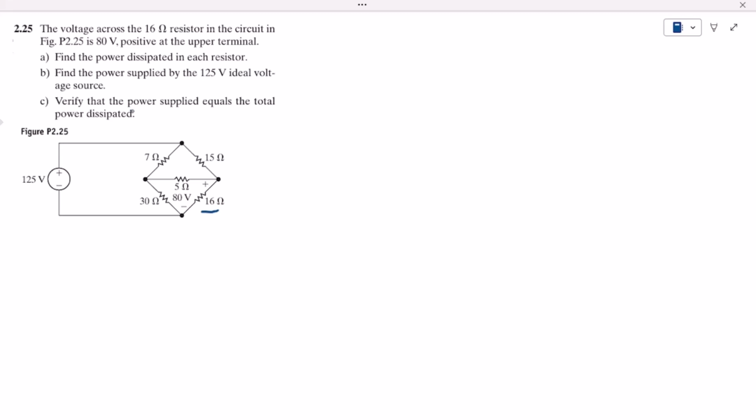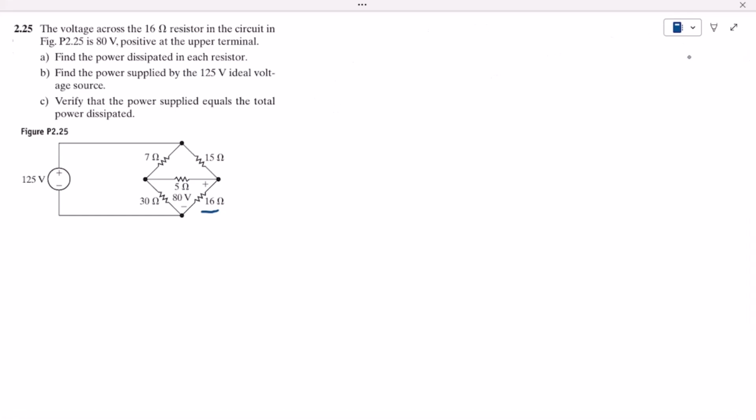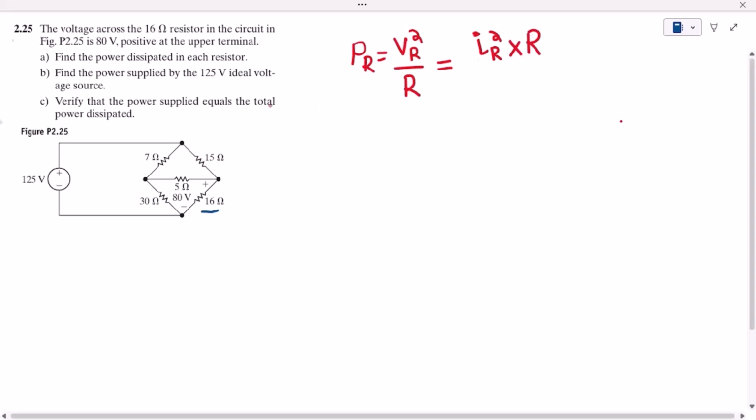Okay, first of all, we have to find out the power dissipated in each resistor, and we have to keep in mind that the power consumed by each resistor can be found in terms of the voltage, it would be V squared divided by R, or in terms of the current, it will be I_R squared times R. Okay, so these are the two formulas which we can use for the resistors here.